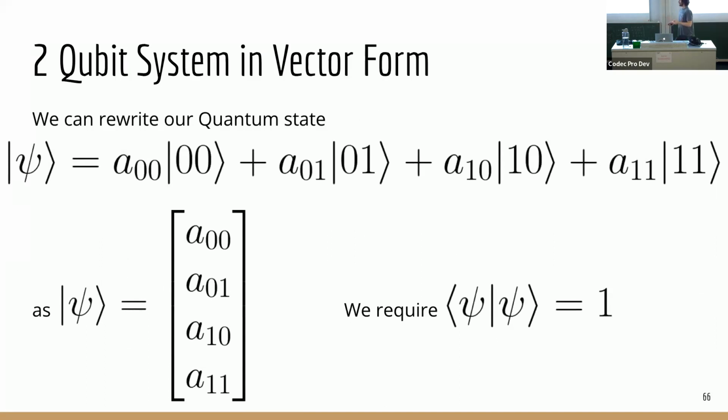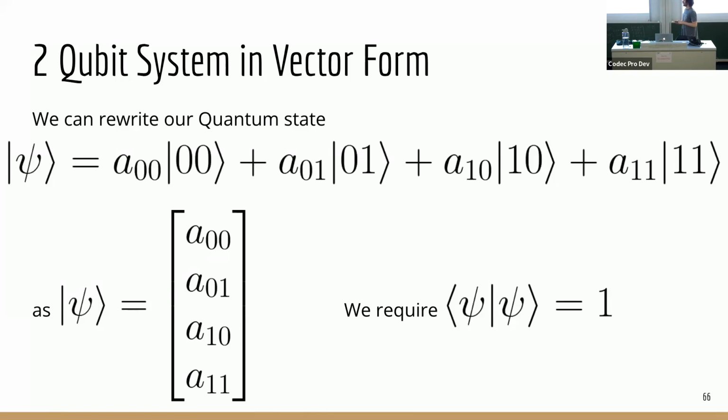So another way that we can write our quantum state, if we start with a two-qubit system in the following Z-basis form, is just as this vector with each entry being a probability amplitude. And what we require in order for this to be a legitimate qubit state is that the inner product of psi with itself is equal to 1.